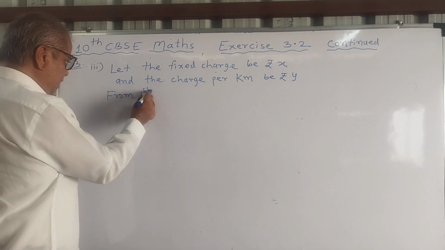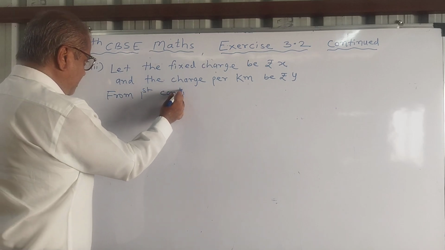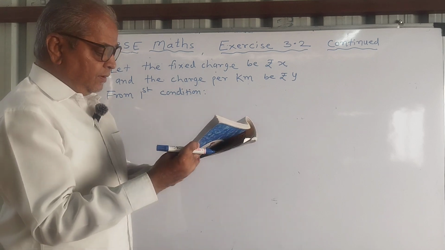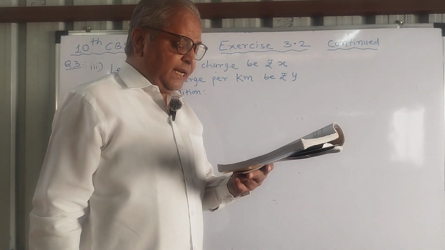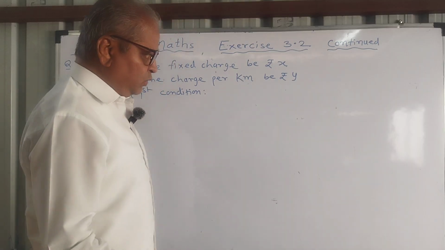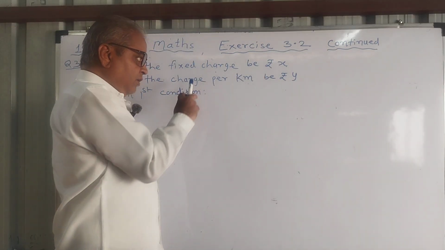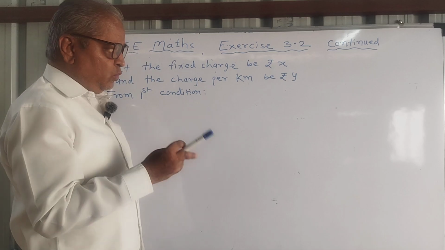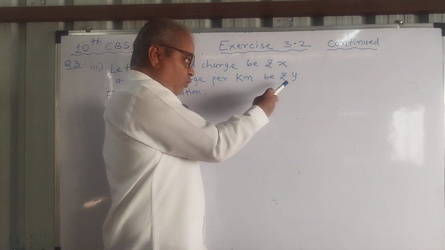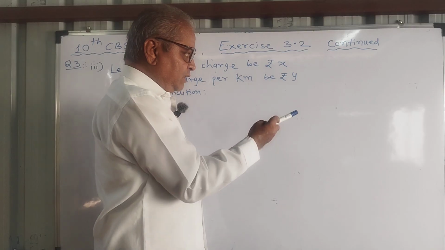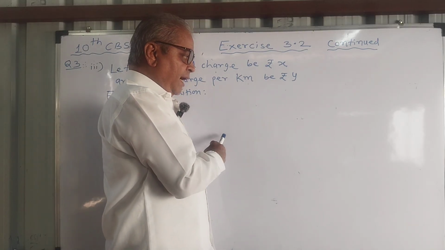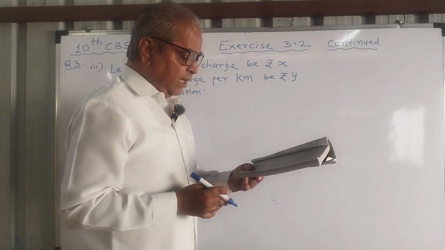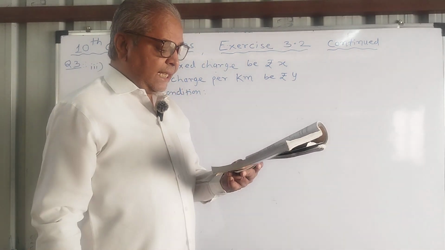From the first condition, if a person travels, he has to pay x rupees once he gets the taxi. But when he travels 2 km, 2y will be added. If he travels 5 km, 5y will be added. In the first condition, the person traveled 10 kilometers.